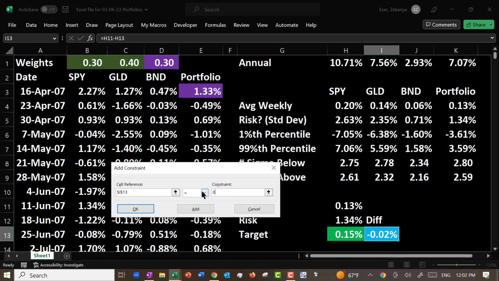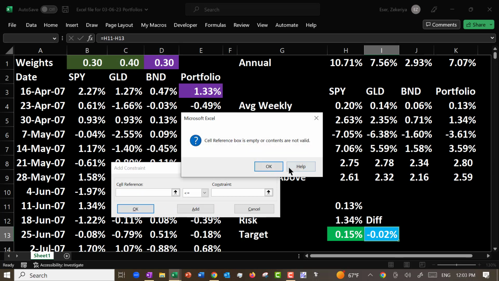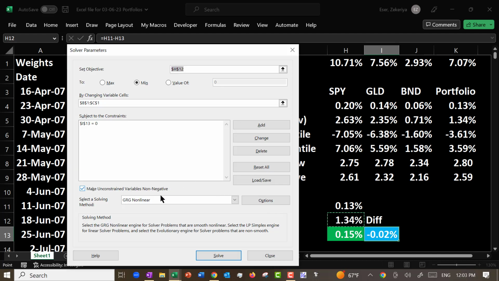Add. Oh, okay, I already added it. By default, it says make unconstrained variables non-negative. I don't want that. I want them to take any value they could. Later, we could put constraints on them. And hit solve.